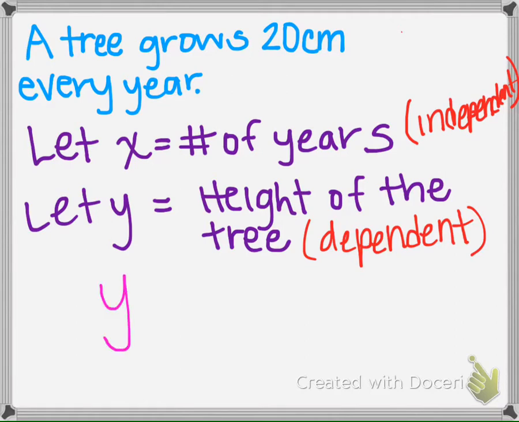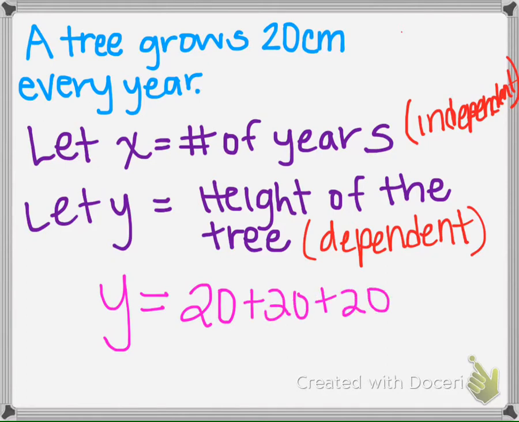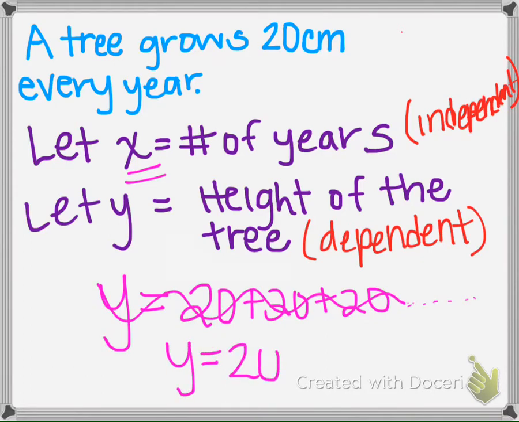We'd have the height of the tree is equal to a tree growing 20 centimeters every year. So every year, 20 centimeters plus 20 every year, but we don't know how many years, so that is what x is. When we add the same number over and over again, that's the same thing as multiplication. So if we take 20 centimeters and multiply it by the number of years, this would be our equation.